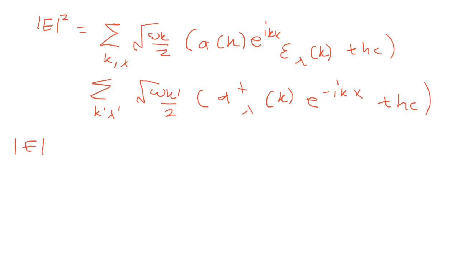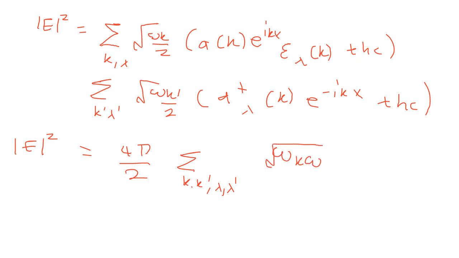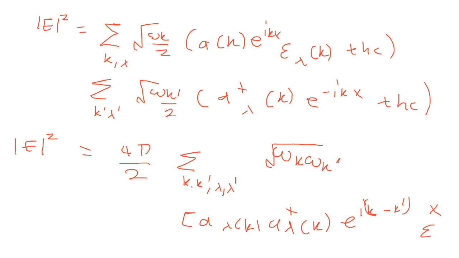So you end up with E squared giving you 4 pi over 2, sum over k, k prime, lambda and lambda prime, omega k square root omega k prime, a lambda of k a lambda dagger of k e^{i(k-k')·x} epsilon lambda, plus the emission conjugate.